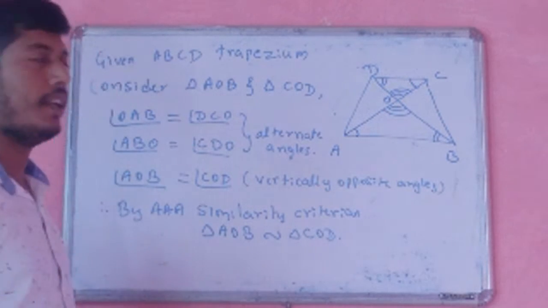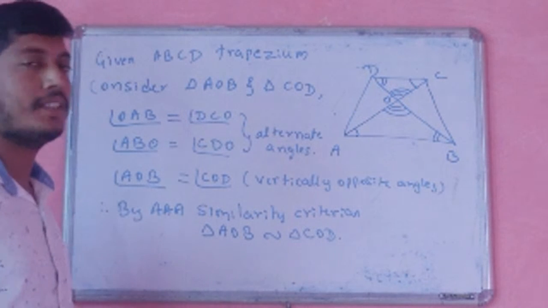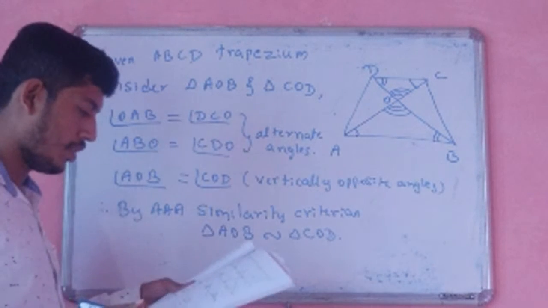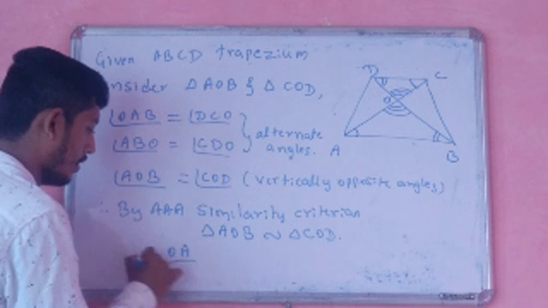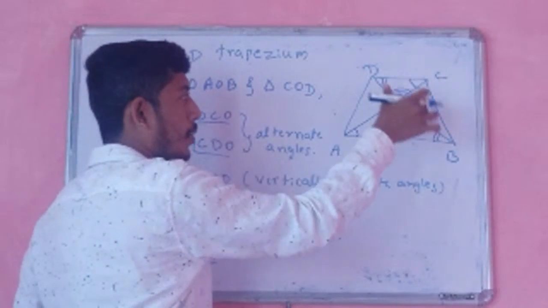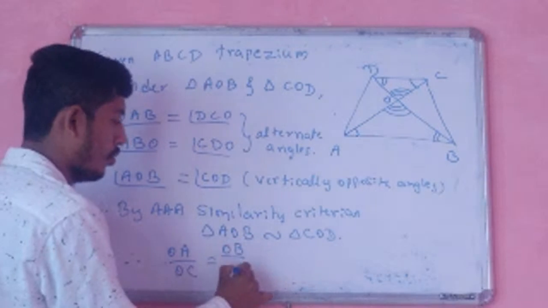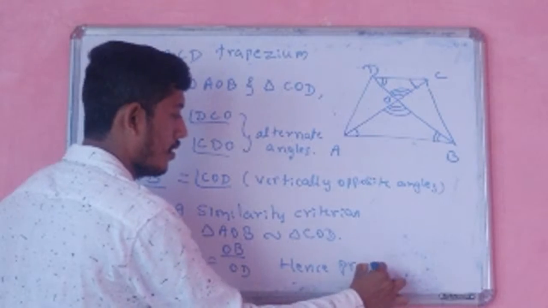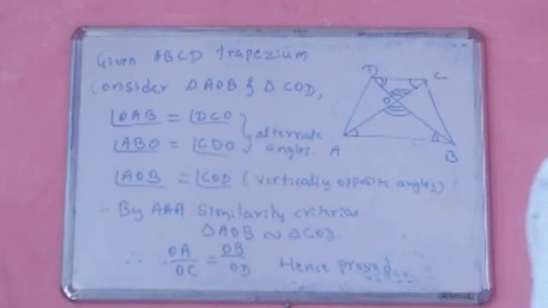Therefore, we can directly consider the ratio. Because the sides are in the same ratio, therefore OA divided by OC is equal to OB divided by OD. Hence, just look at the steps.